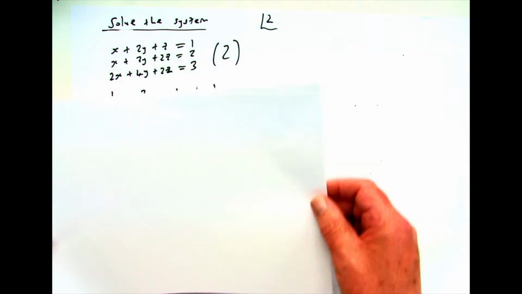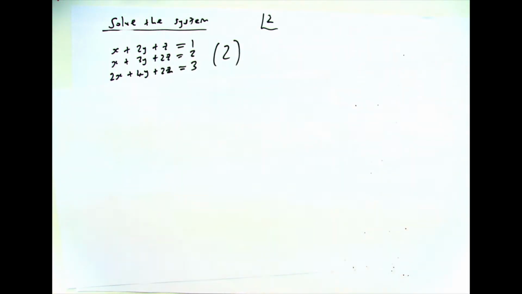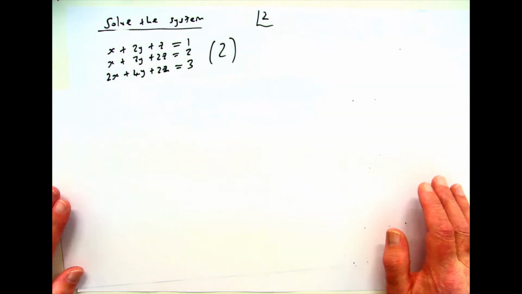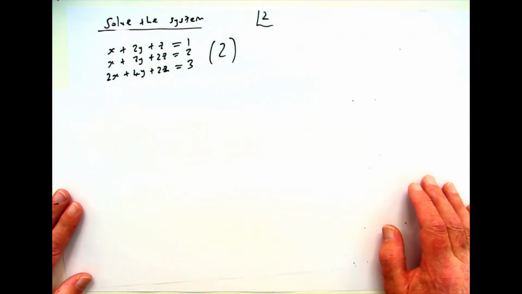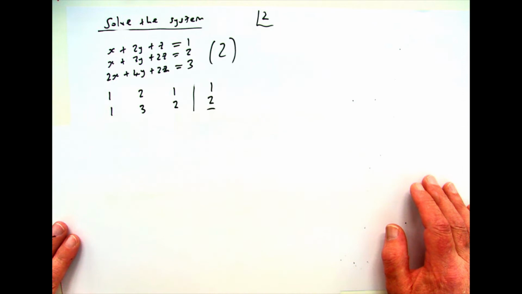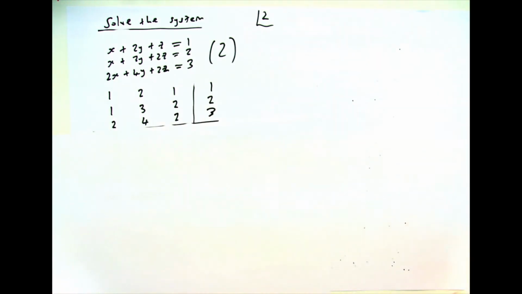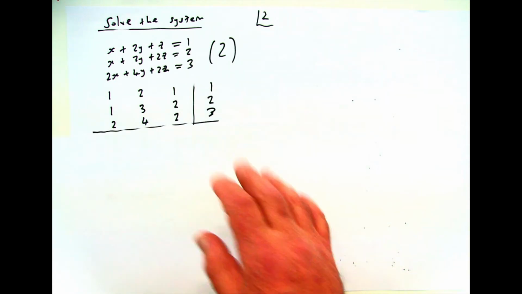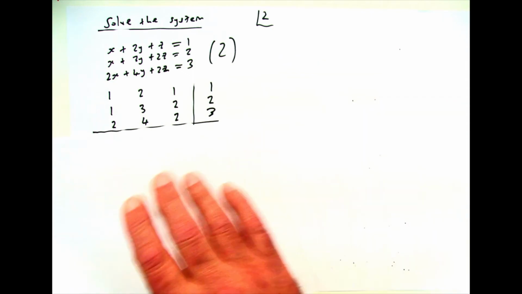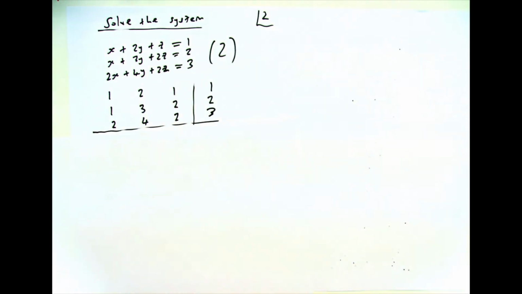Okay, so here's a system which has got no solutions. So we start out again with these three equations in x, y, and z, and we write down the augmented matrix. Okay, is everybody happy with this? You write down the augmented matrix.